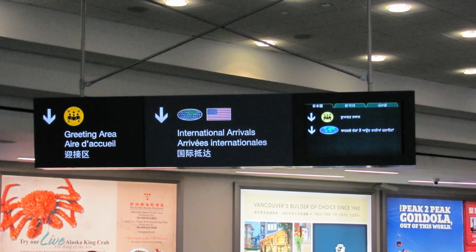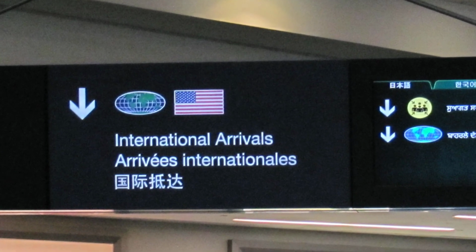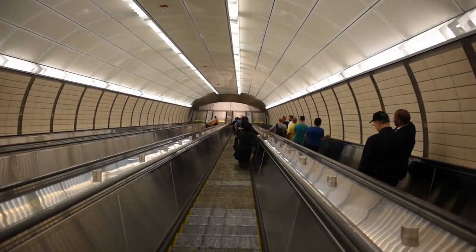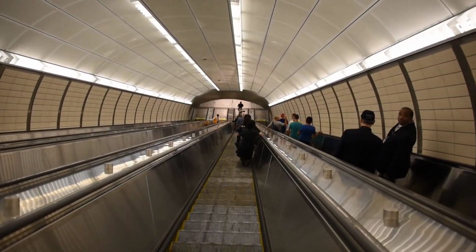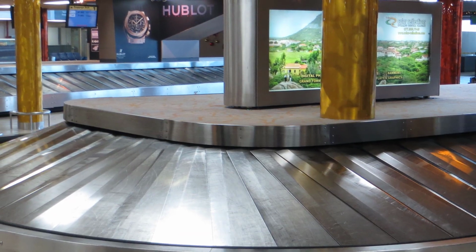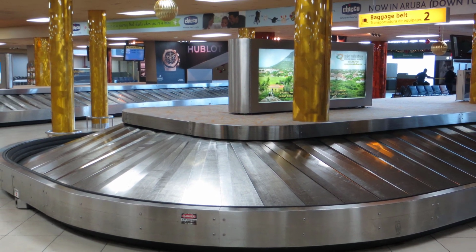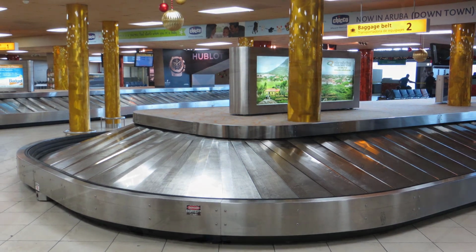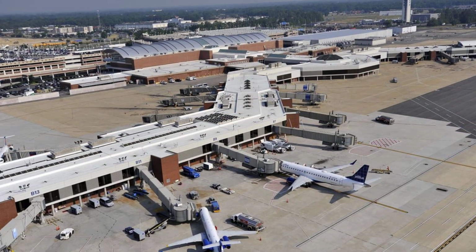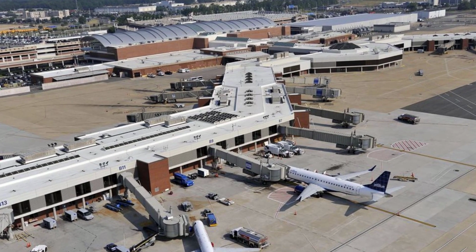There are a variety of visual prompts clearly displayed every few feet, often in multiple languages. There are escalators and elevators making moving between floors very safe and easy. There's also baggage claim presented in a circular manner, so you don't have to have long lines. Instead, people gravitate around the entire radius. In short, this one building was designed from the very beginning to fit as many potential needs and preferences as possible.